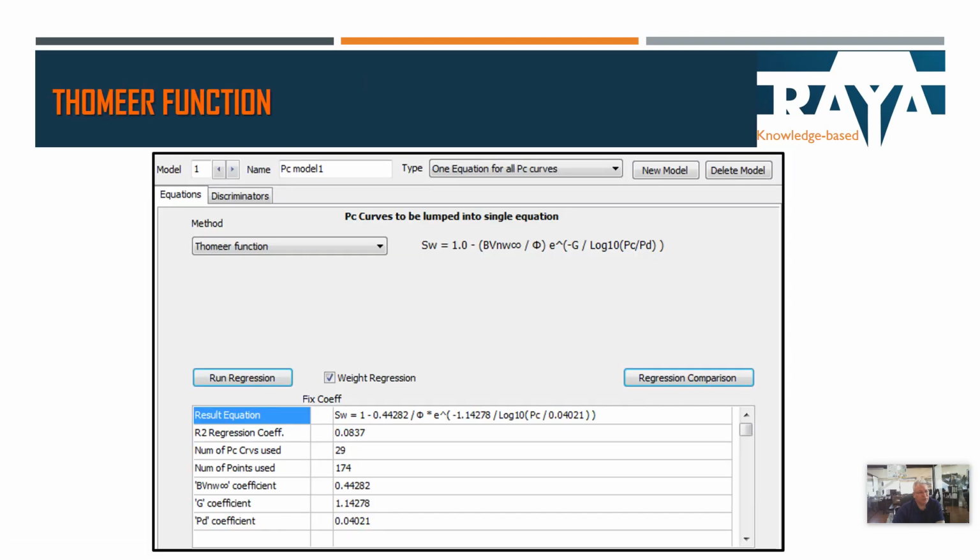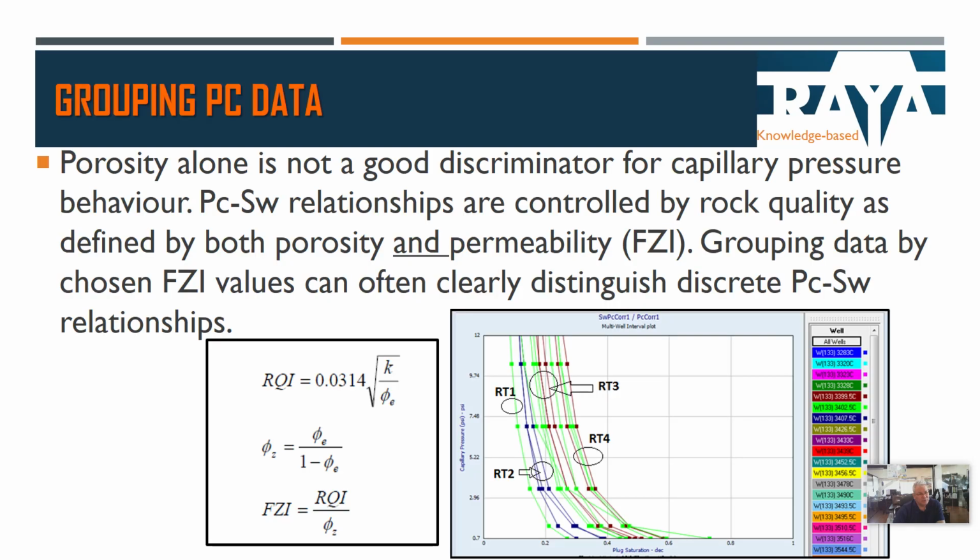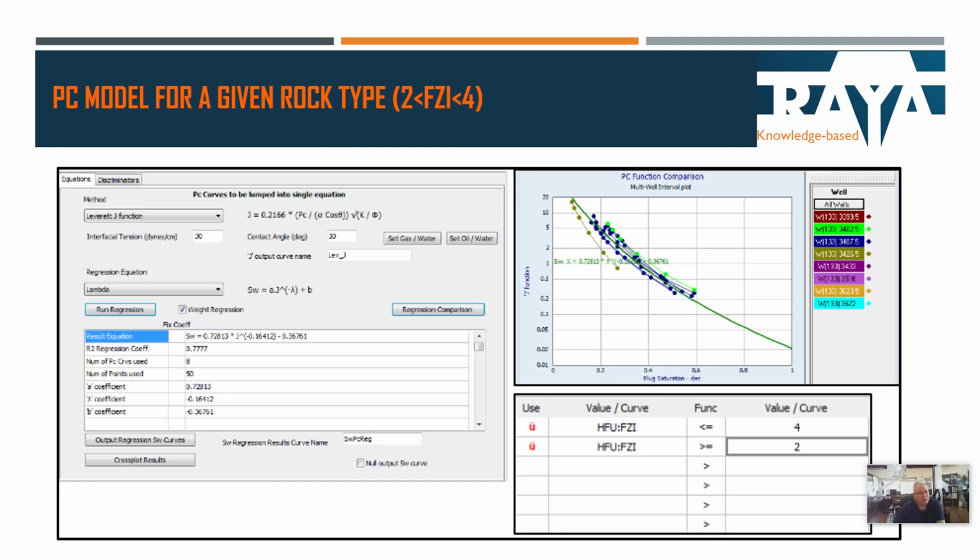That's why, for each rock type, we need to group the PC curves, and then using the discriminator like this, group the PC curves based on the rock type using FZI, and then using the discriminator and defining the FZI values for each group, calculate the relationship between SW and J function for each rock type.